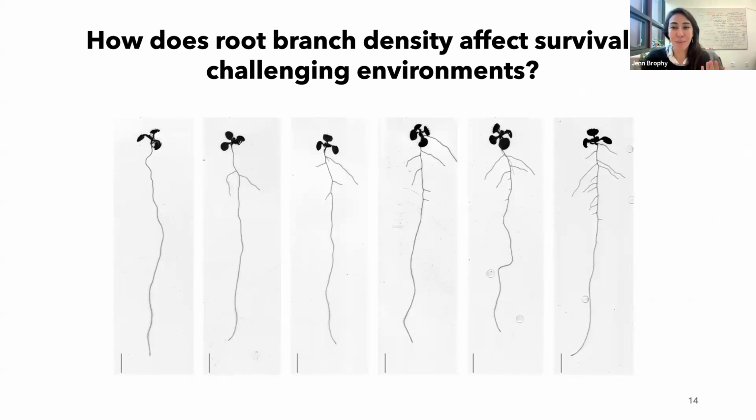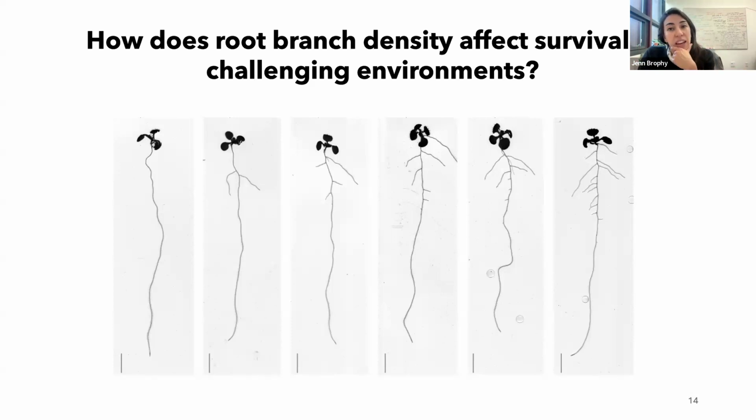It's great that you can modify this, but how do you actually use root architecture to improve plant stress tolerance? It wasn't clear, for example, what root branch density we should recommend or go for when we try to improve plants' tolerance to environmental stress. But now we had these plants with variation in this feature that we could use to try to answer this question.